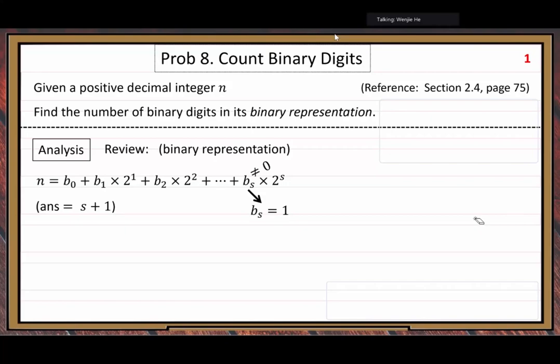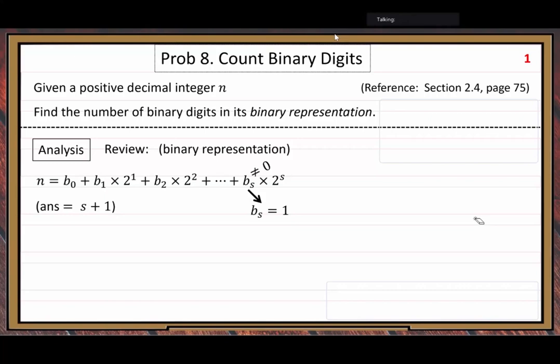So we need to represent little s in terms of n. Then we are done. If we can write little s in terms of n, that's our final answer. The question is how to write little s in terms of n.